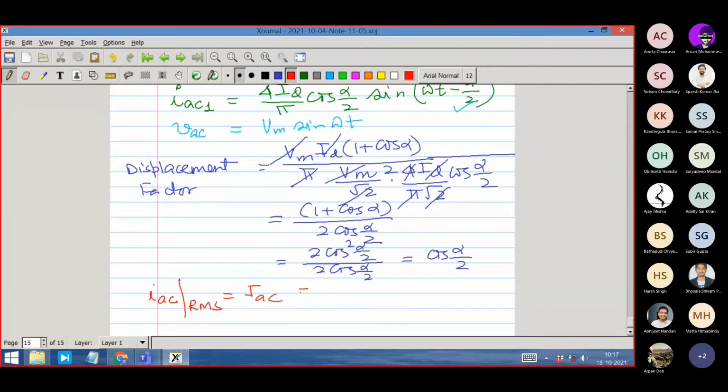And what is the I AC RMS? If you do the integration again, you will see that it is 2 by T, from 0 to T by 2, of i square dt, which is nothing but integration has to be done only from pi alpha to pi minus alpha.